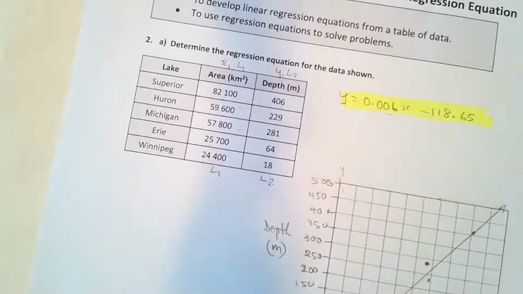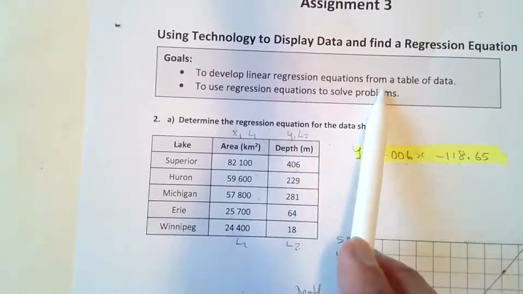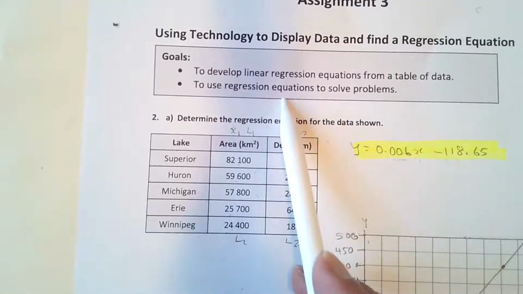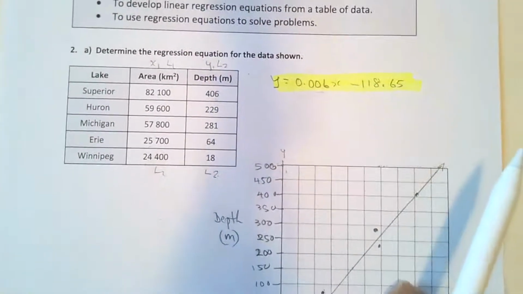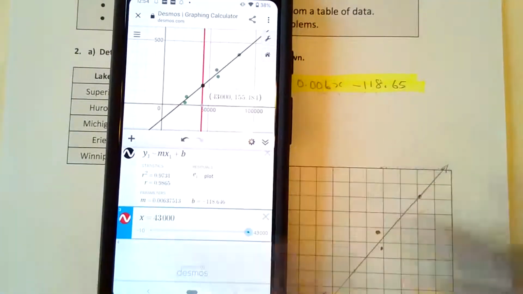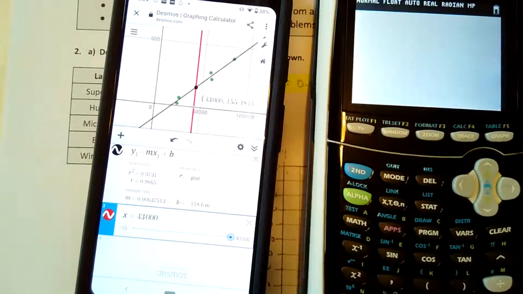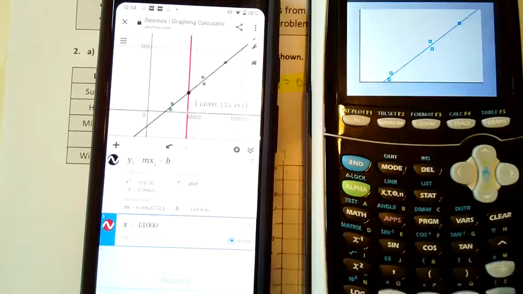So let's go over again. So our goal is to develop our linear regression equation from a set of table of values, and to use that regression equation to solve problems. We use Desmos, and we use the graphing calculator to get the same result.